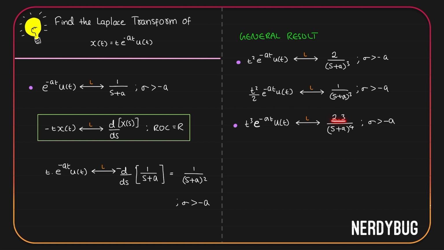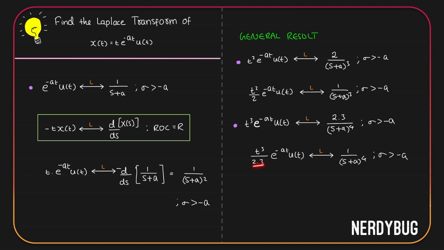Let us take 2 into 3 from here to here. Then we get t cube divided by 2 into 3 e raised to minus at u of t. The Laplace transform of this is going to be 1 by s plus a to the power 4, and sigma is greater than minus a.